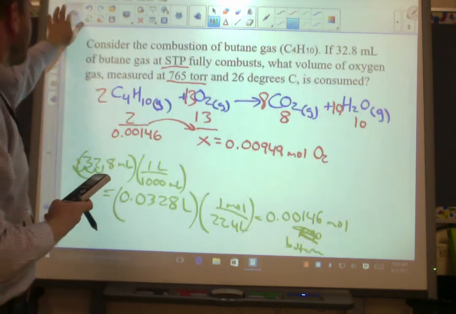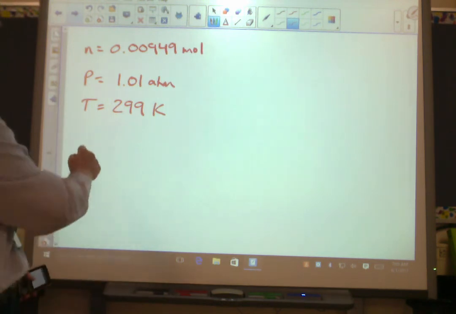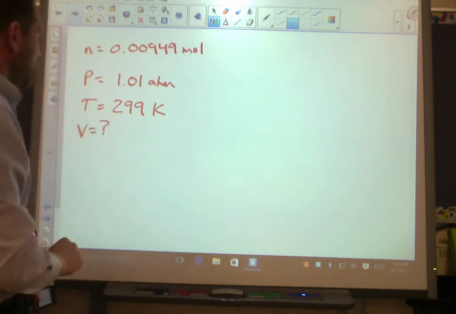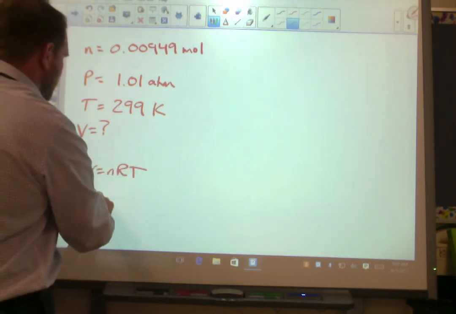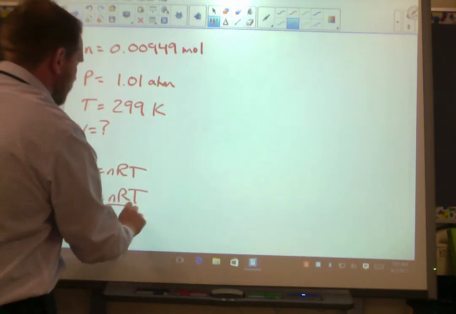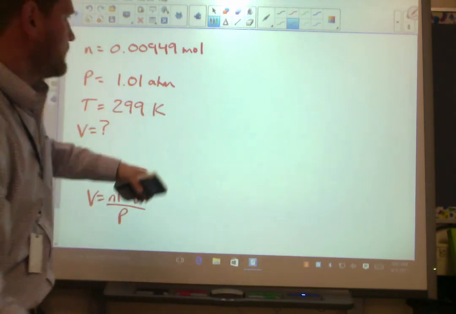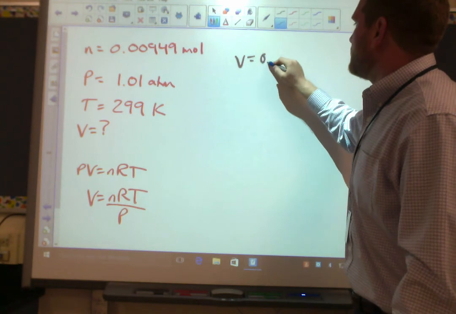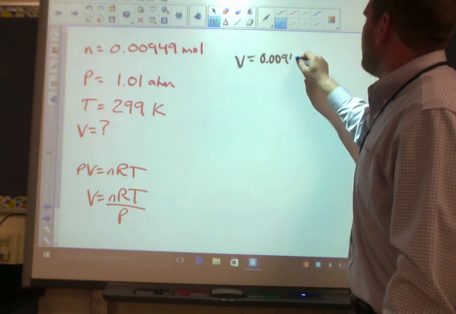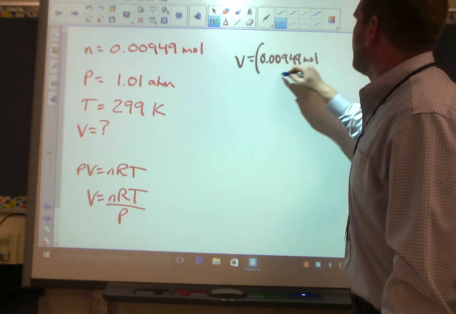Okay. And now we're solving for V. So, PV equals nRT. V equals nRT over P. Let's see what we get. Volume equals n is 0.00949 moles.